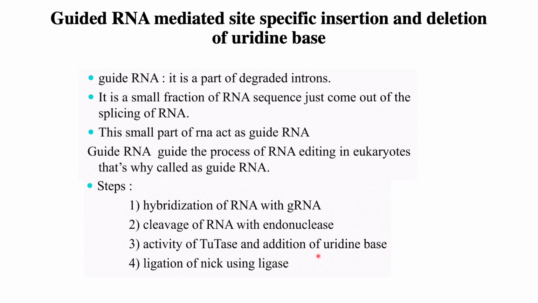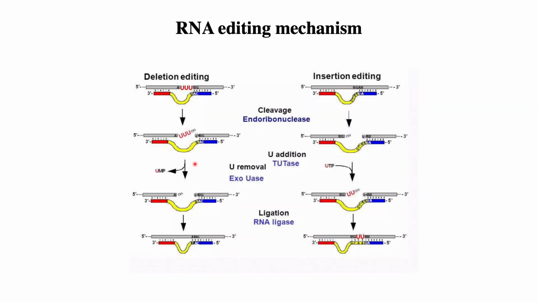After the addition of the U base, the molecule is ligated using ligase enzymes. So it's just that new bases are incorporated here. This is a simple representation of this. In this case, existing U nucleotides are removed, and here non-existing U nucleotides are added to the RNA molecule. This could affect various things like protein translation as well, and could lead to the diversity of proteins.